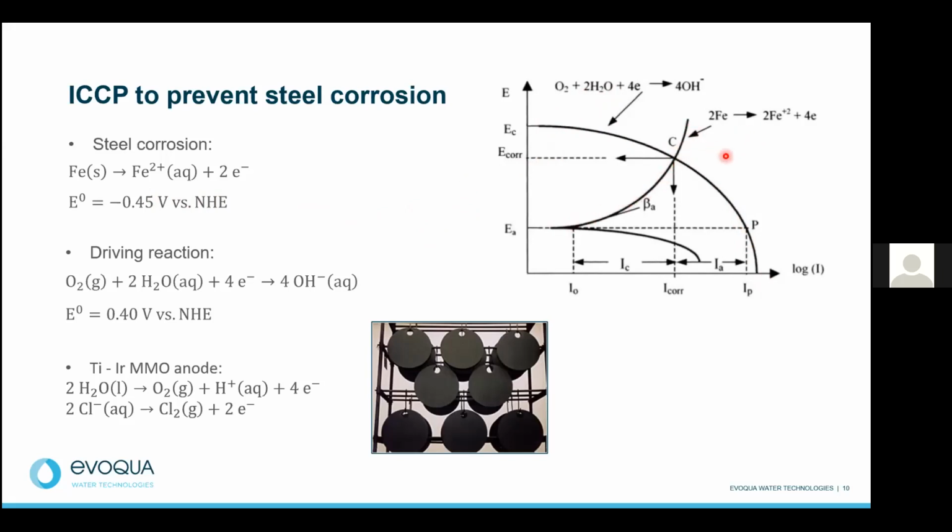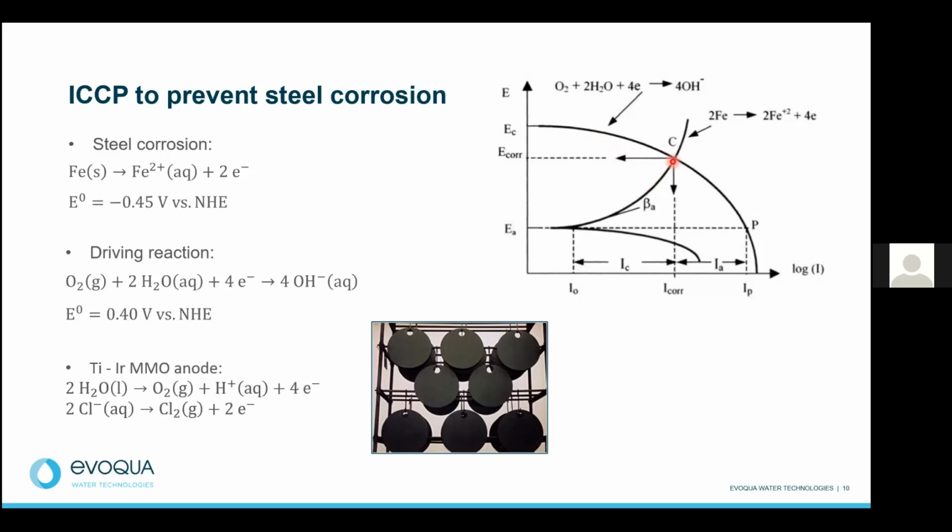And under spontaneous conditions, the system will then approach a potential called the corrosion potential, where the current due to oxygen reduction and that due to iron oxidation exactly match, so that the net current is zero. This is the natural state that the system likes to be in, and under this state, iron is actively corroding.